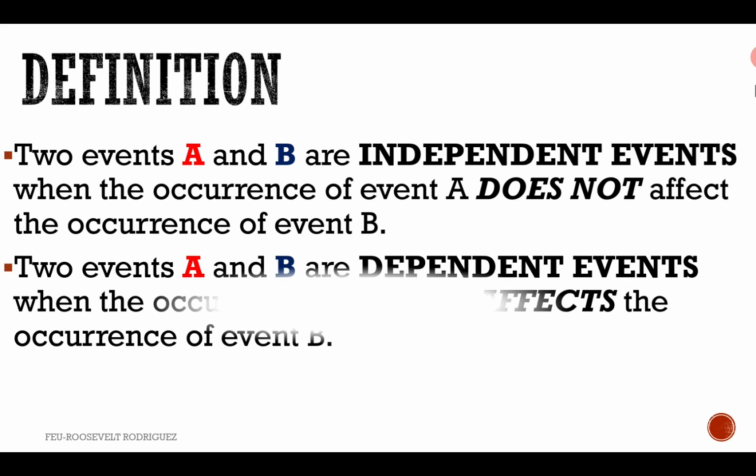Yung pangalawa naman is if 2 events A and B are dependent, okay? When the occurrence of event A affects the occurrence of event B. Kapag naapektuhan naman nila yung mga sitwasyon, for example, naapektuhan yung number of possible outcomes nung event na nauna sa pangalawa, so ang tawag naman dun is dependent events.